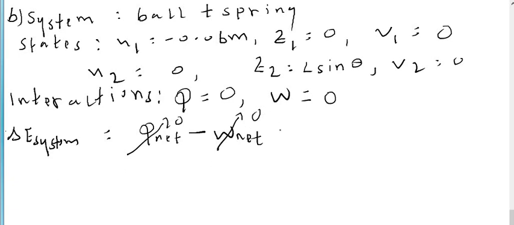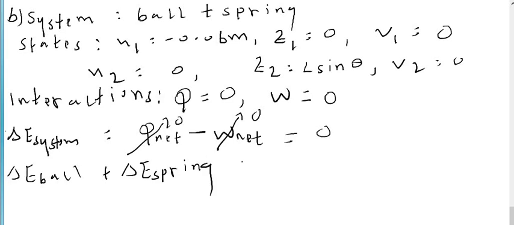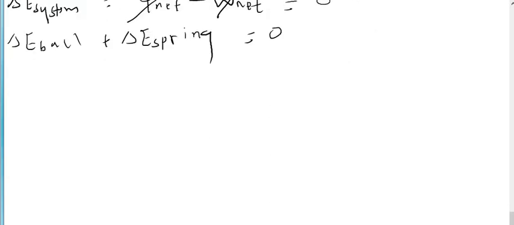So dE of the system is 0, and this dE is the same as dE of the ball plus dE of spring, since they are the system now, so it's equal to 0. Therefore we substitute.